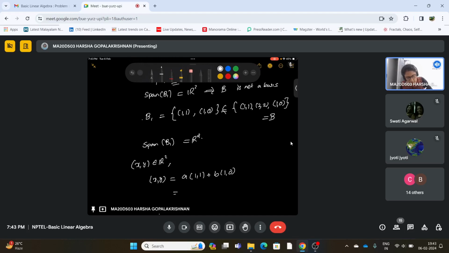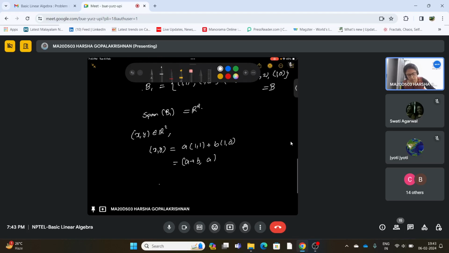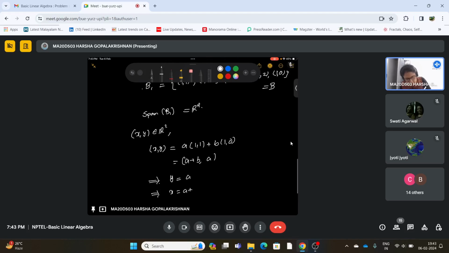So what I will get? (a + b, a). That implies y equals a and x equals a + b. From this, since a equals y, I can write x equals y + b, so b equals x minus y.